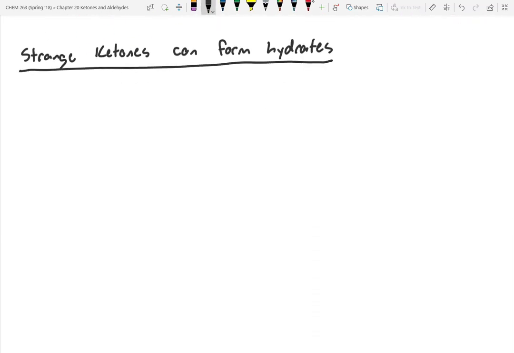Normally they don't like to, but let's take a look at an example here. So under catalytic acid conditions, sorry, this should still have fluorines on it.